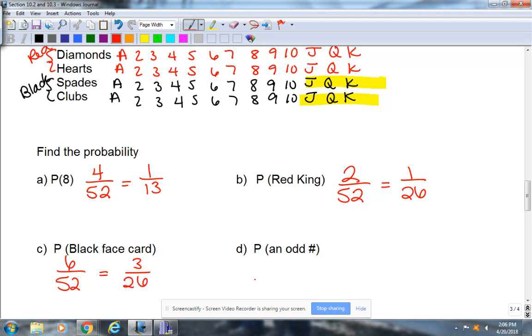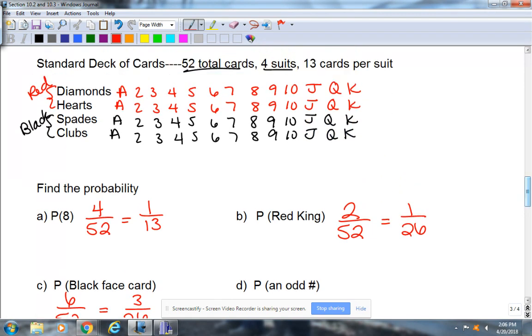And then what's the probability, the last one, that we get an odd number card? Well, aces, kings, queens, and jacks are not numbers, right? So my odd number cards that are possible, if it's not a face card, are 3s, 5s, 7s, and 9s.